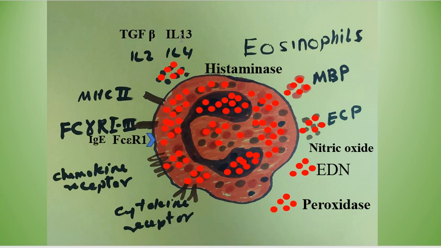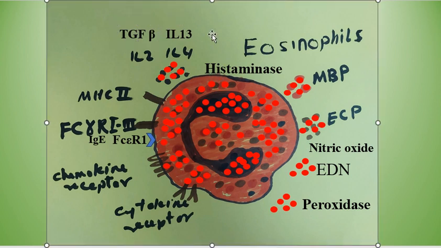And as you may know, mast cells also produce eosinophil chemoattractant factor that recruits more eosinophils to the bronchioles. TGF-beta is important for wound healing, so it has a healing property.